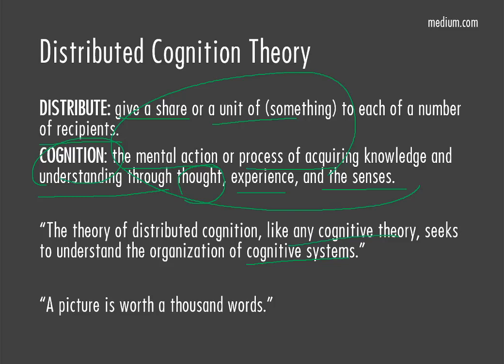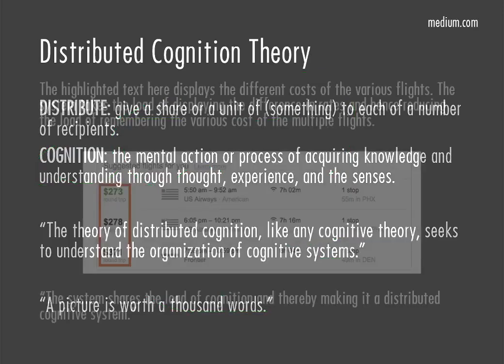From the user side, it is about understanding the design by understanding the connection between each part of the design. From the designer side, we have to design a picture that is worth 1,000 words. You have to distribute the cognition to each of the words.